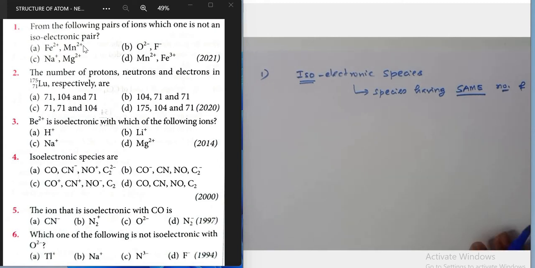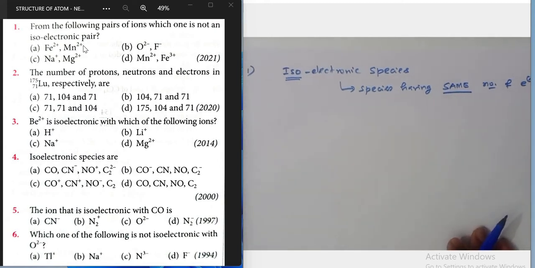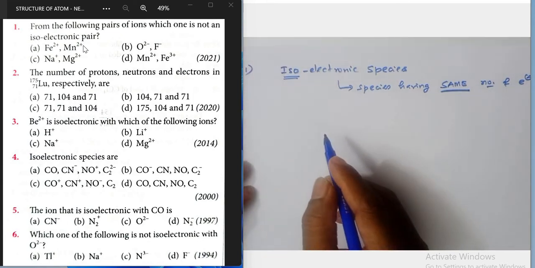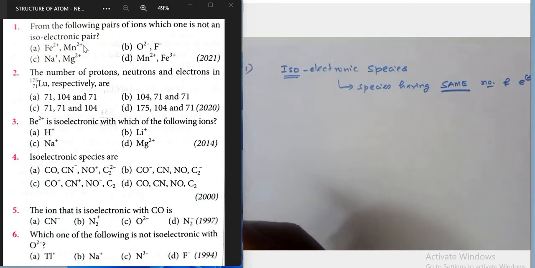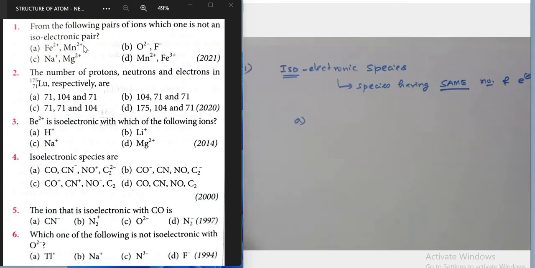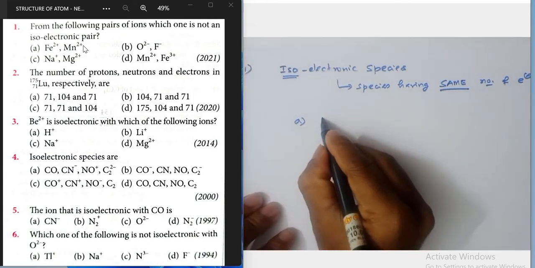Now, in the given question, see option A. In option A, two ions are given, Fe2+ and Mn2+.